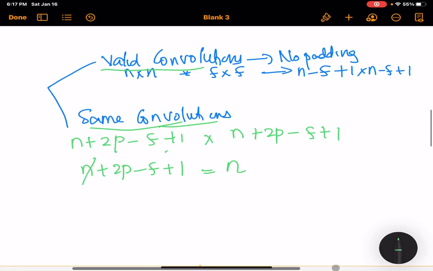So in that case, these cancel out, and what you get is 2p is equal to f minus 1, or p is equal to (f minus 1) by 2.